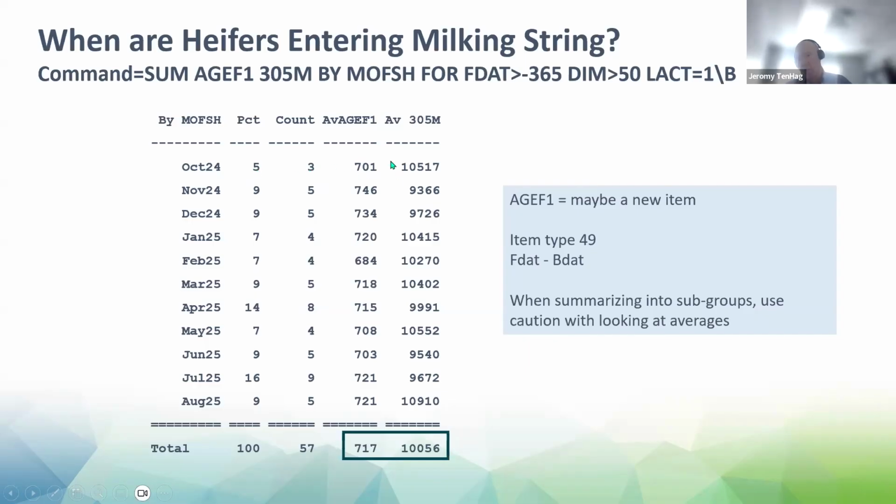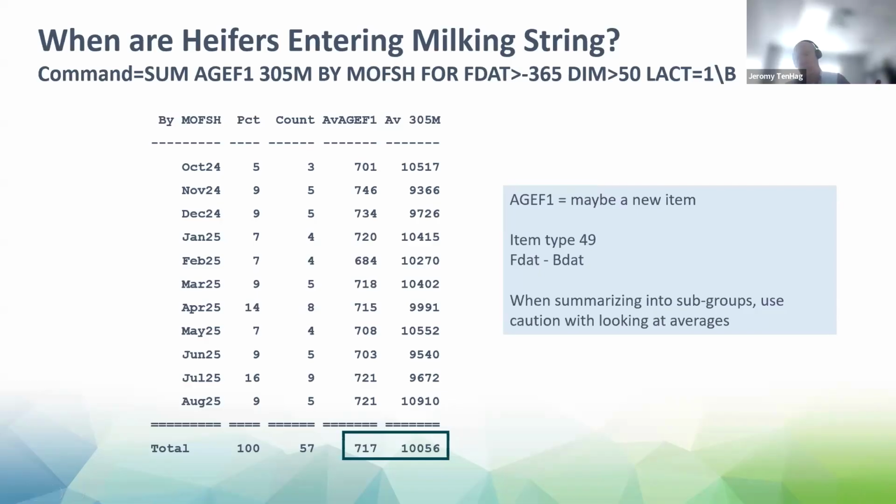And on average, those 3 animals calved out at 701 days of age, and their 305 milk is 10,517. So again, looking at cohorts by month fresh, if it's a small herd, this might not be very useful. I'm not sure. I would say not. Certainly caution needs to be used because there's not many numbers making up these averages.